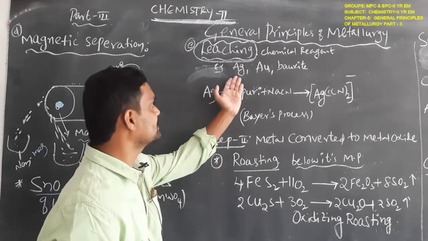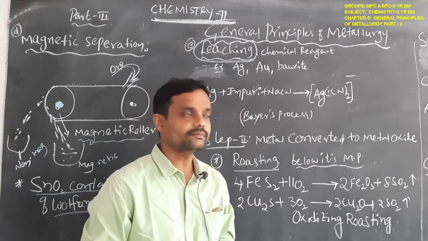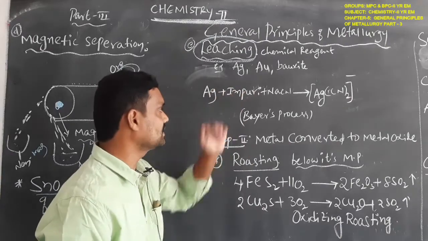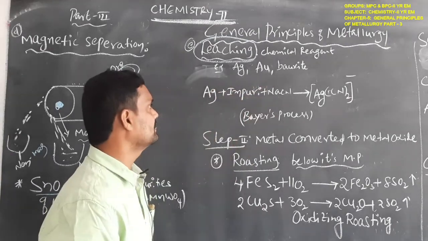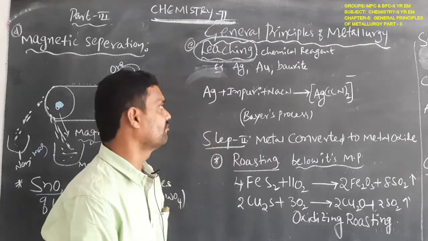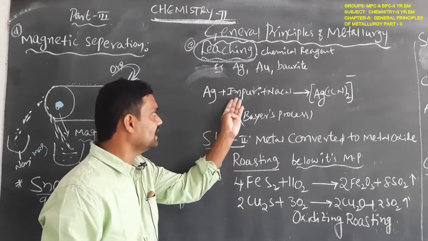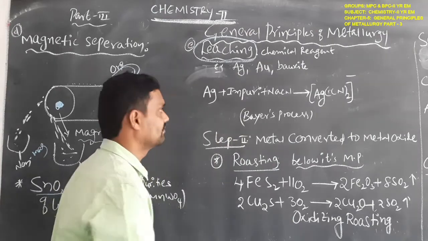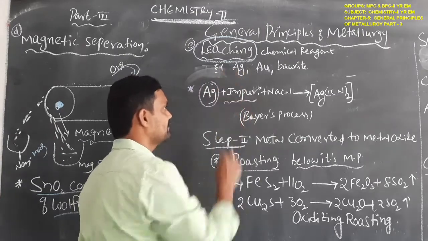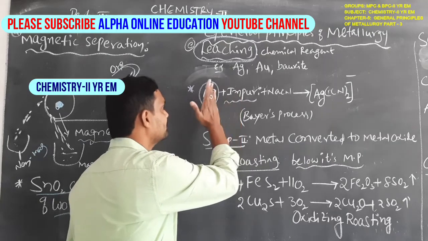reagent. For example, silver, iron and bauxite ores can be used in this leaching method. Okay students, silver, iron and bauxite can be used in this leaching process. For example, if silver has an impurity, for our understanding, we should separate that impurity from silver.